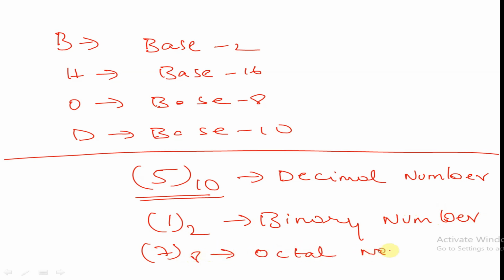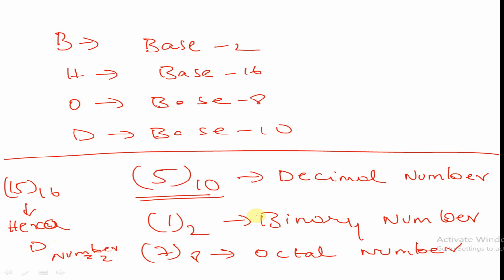And 15 to the base 16 is a hexadecimal number. These are the different types of numbers we have in digital.